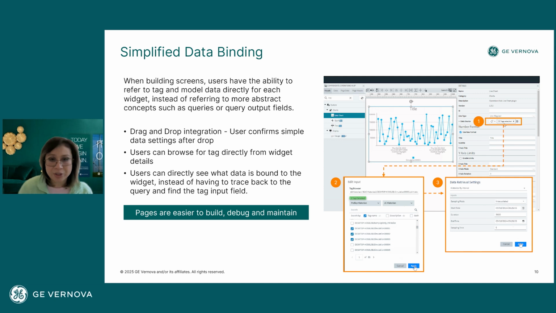First time trying to understand how to work with the UI, but we also hope that they are a lot easier to debug and to maintain as well. The idea is that you can look into a widget and see the data for that widget instead of having a couple of hops through queries. We think that will make it a lot easier for users to understand what's going on, especially if they have to come in later on and make some changes. So that covers simplified data binding, one of the features that's coming out in 2025.